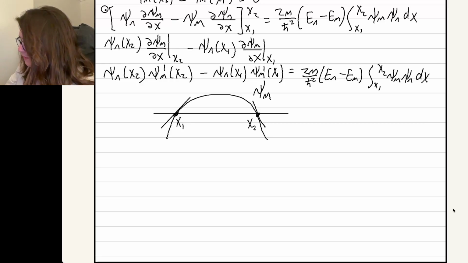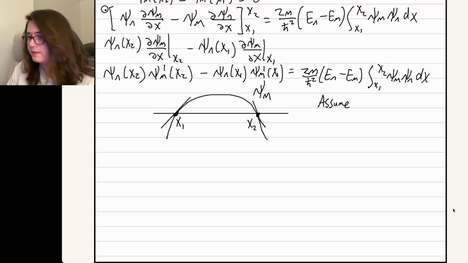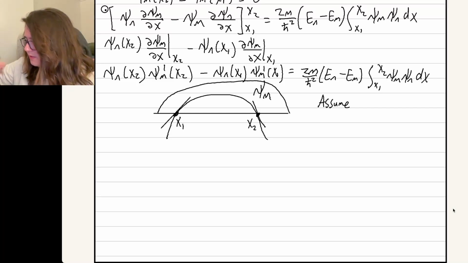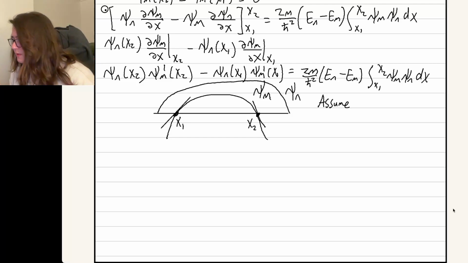And then we introduce a new assumption that there aren't any nodes for psi n in between x1 and x2. So that's assuming that psi n is just going to sail right over x1 and x2 and never cross 0 for that bit.